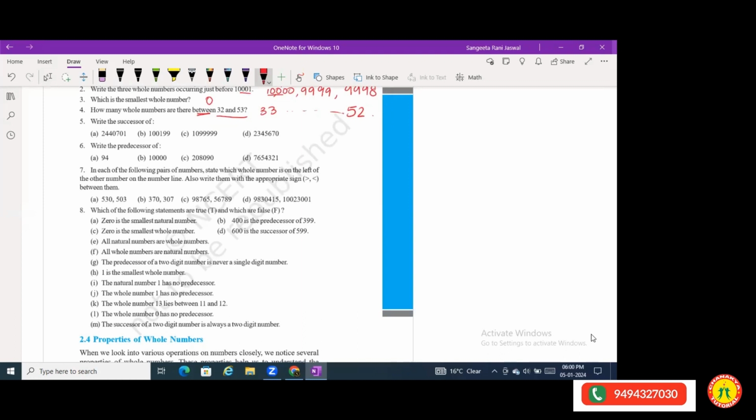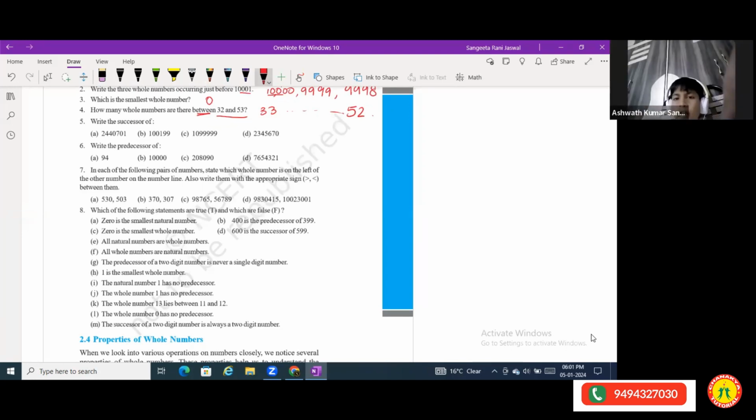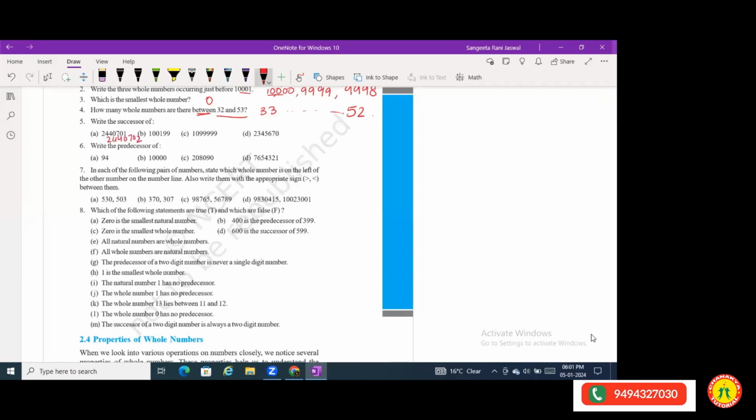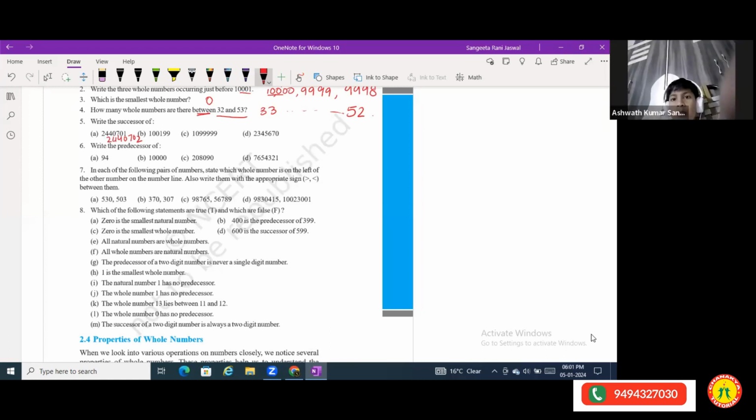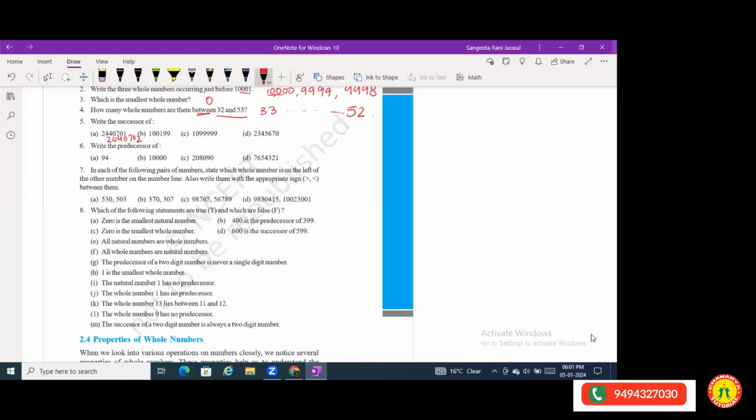Ashwath: 24,40,702. Is it right? Yes or no? Yes, ma'am. Soumya, give the next answer. You have to tell me the successor of this number.